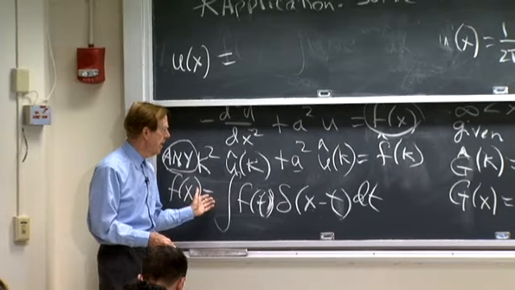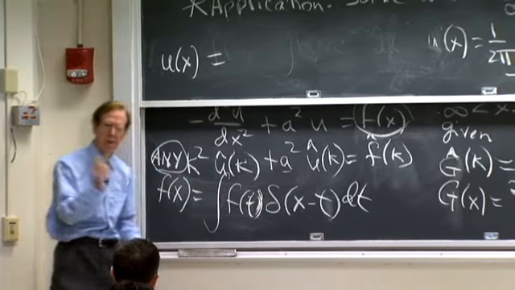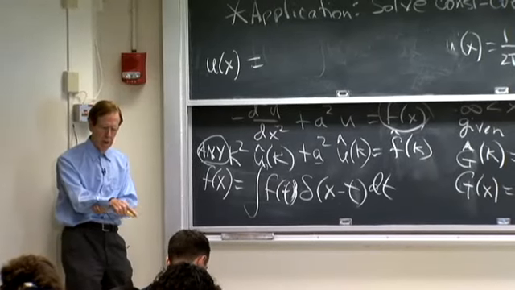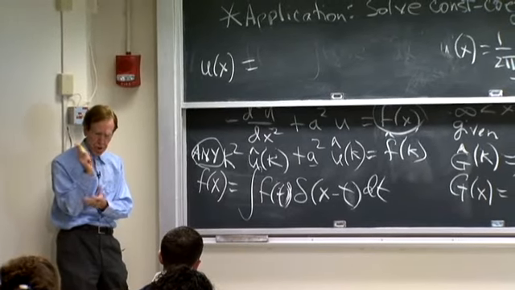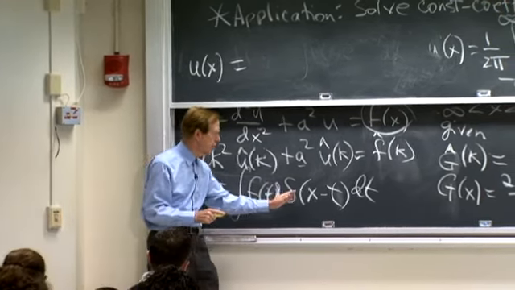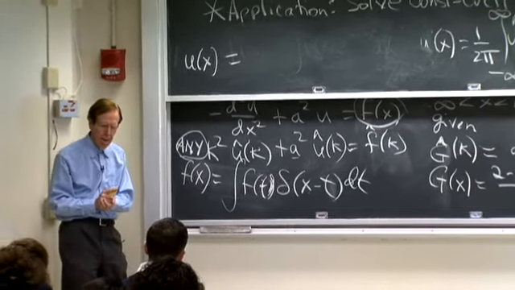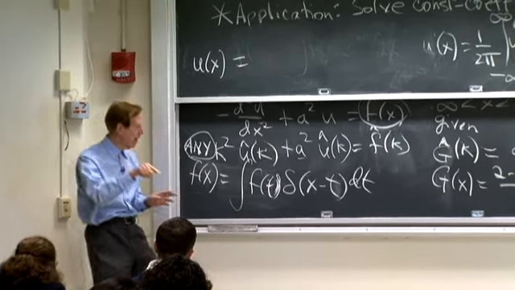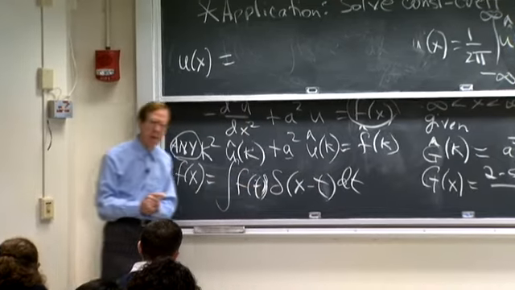I've written the right-hand side f as a combination of deltas. I know the answer for delta. It's g. What's the answer when the delta is shifted along? What's the Green's function when the spike is moved along to a point t?